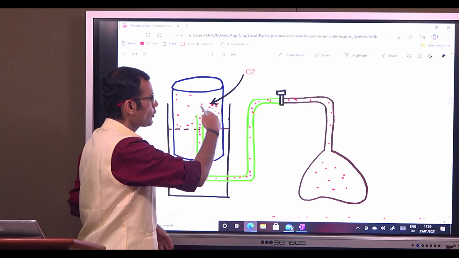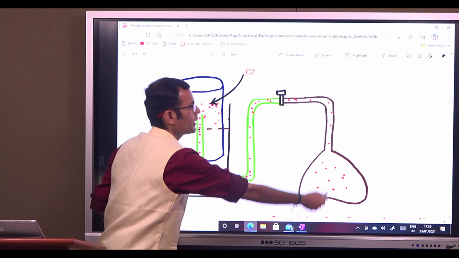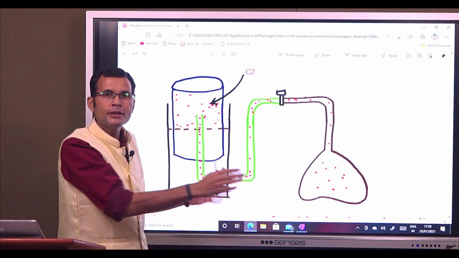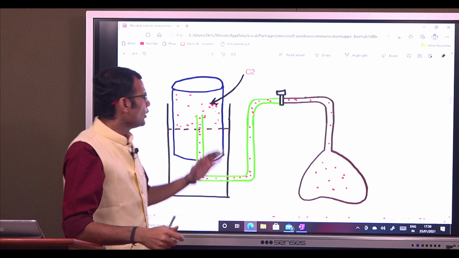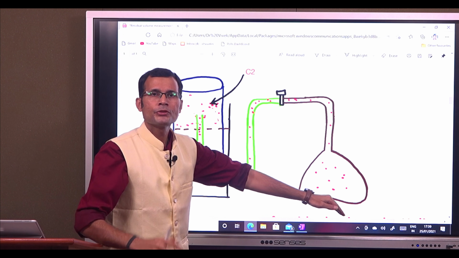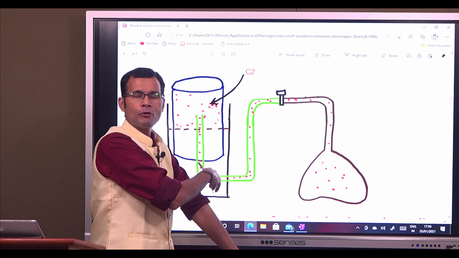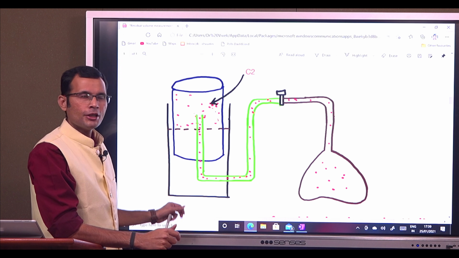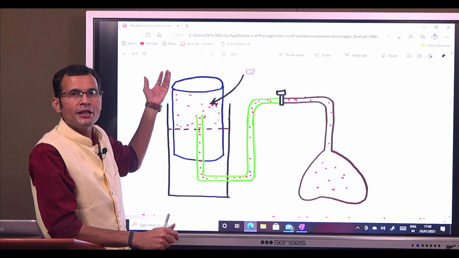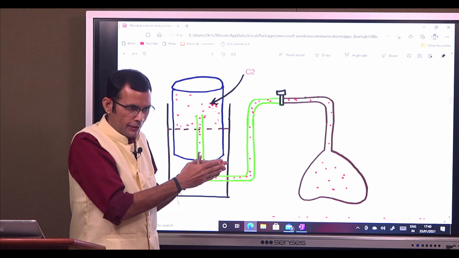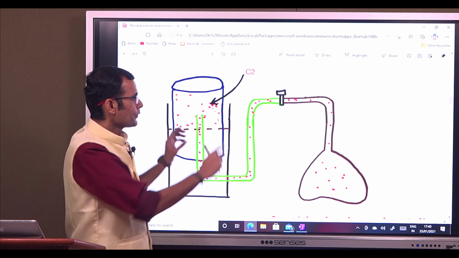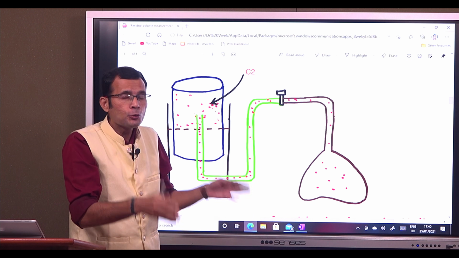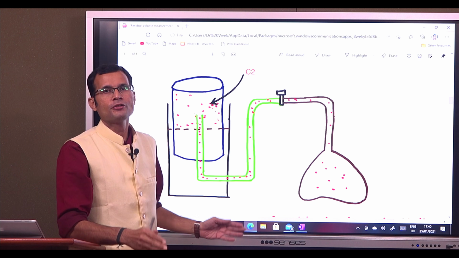Air just goes from the spirometer into the lung, and from the lung back into the spirometer. When the subject inspires, the lung volume will increase and the spirometer volume will decrease. When the patient exhales into the spirometer, the spirometer volume will increase and the lung volume will decrease. But throughout the procedure, spirometer volume plus lung volume, that's V2, will remain constant.